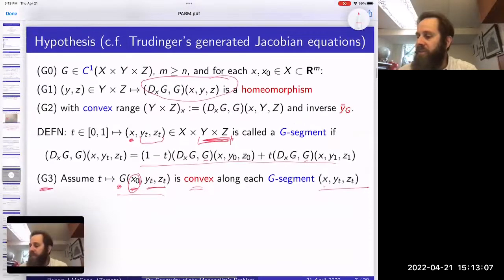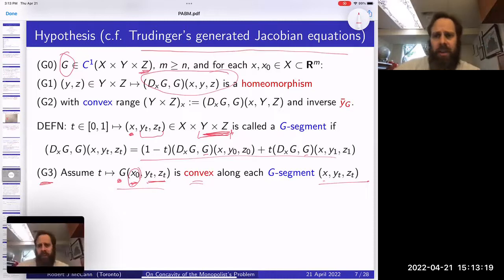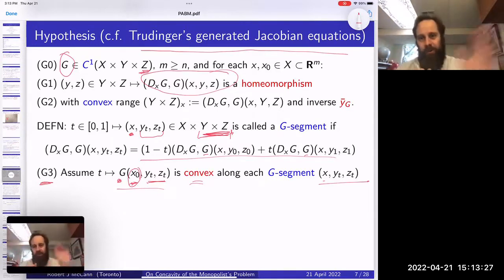And I should say that this generalization to utilities that depend non-linearly on the price is strongly analogous to what Trudinger called generated Jacobian equations, which were first investigated in the context of designing mirrors or lenses that take a given incoming light distribution and produce a given outgoing light distribution. That's sometimes called the reflector or refractor antenna problem.